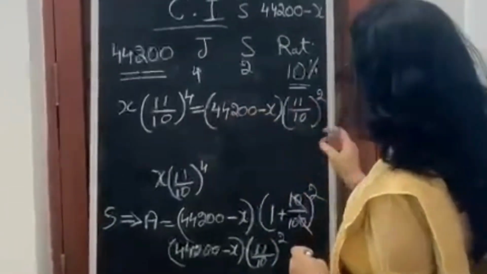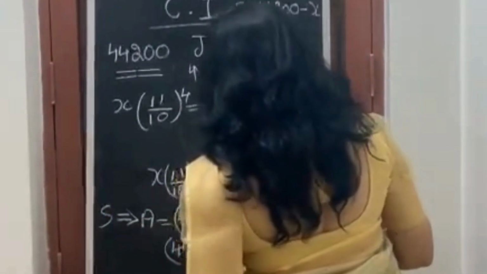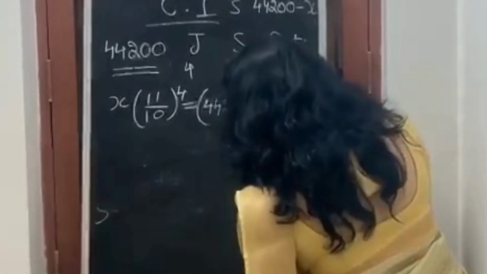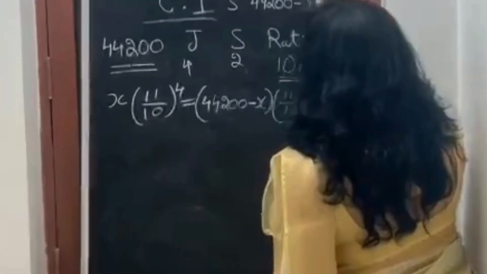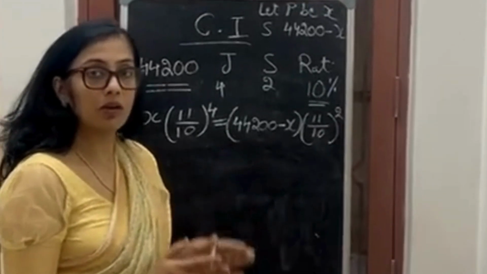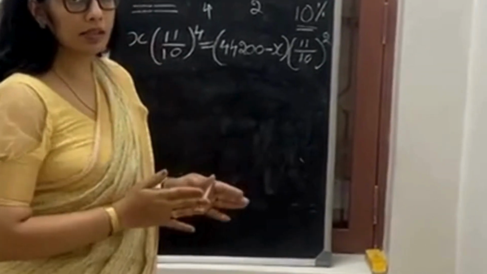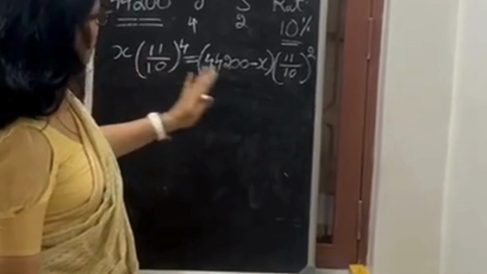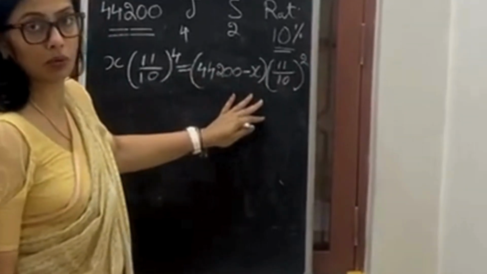Now next, what will be my step? My next step will be to solve this equation. Friends, the amount of these two are the same when they are 16 years old. So this amount of John is equal to amount of Smith.